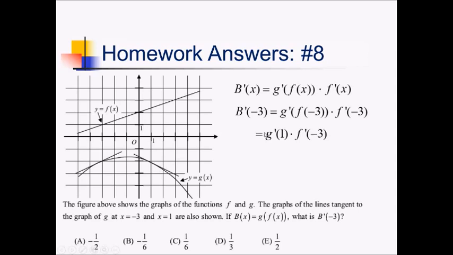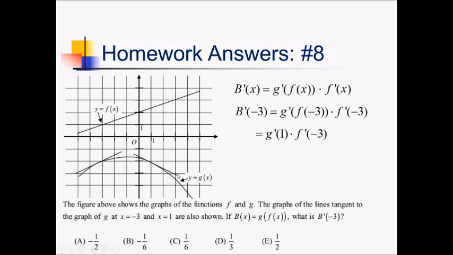So g prime of 1, that's going to be, let's see, down here at x equals 1. What's the slope here? We're going from like a negative 3/2 down to 3, and it takes us a distance of 3 to do that. So we're going like down 1.5 over 3.